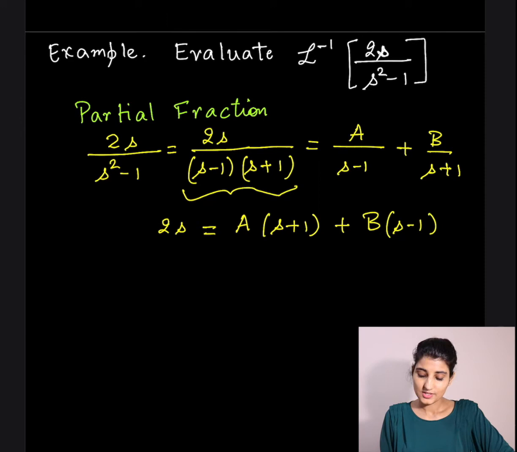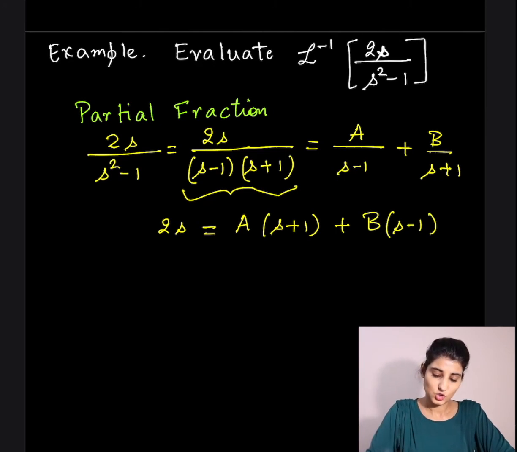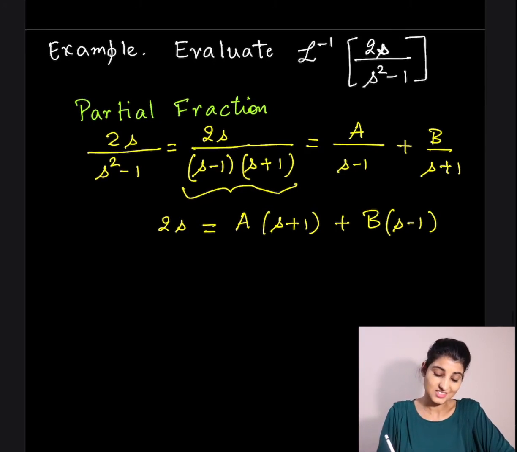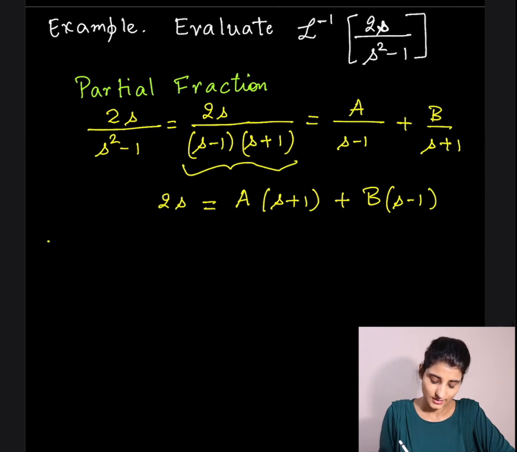One thing you can do is expand the right hand side and then compare the coefficients of s square, s and the constant term. Other thing which is much simpler here is you can choose the value of s.